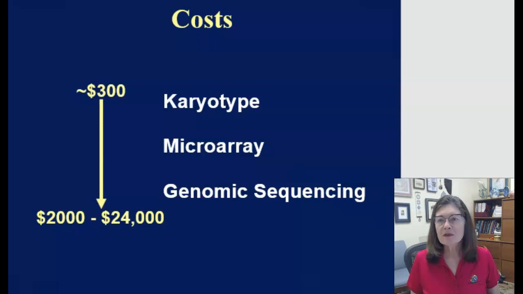A microarray is sort of an intermediate cost. Genomic sequencing, depending on whether it's whole exome, whole genome, and how much analysis gets done, it could be from $2,000 to $24,000, somewhere in there. I mean, it's a huge range. So it just depends on the analysis, which, as I said, is the big challenge with genomic sequencing.